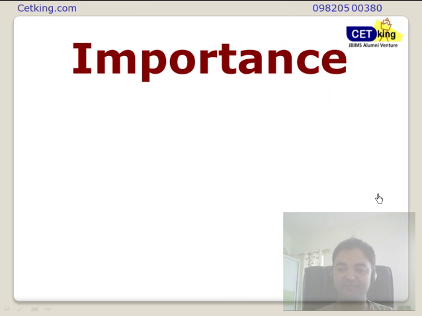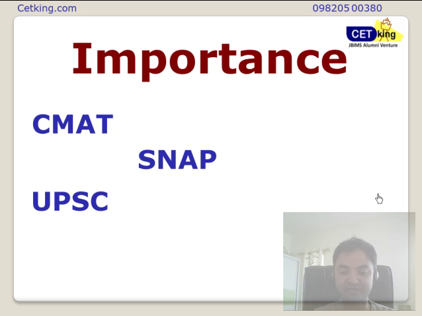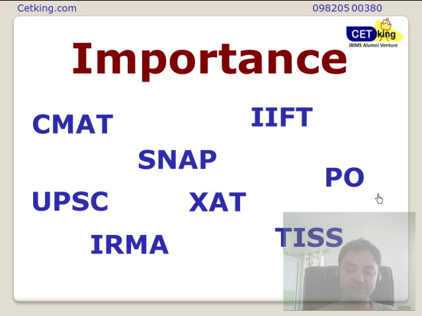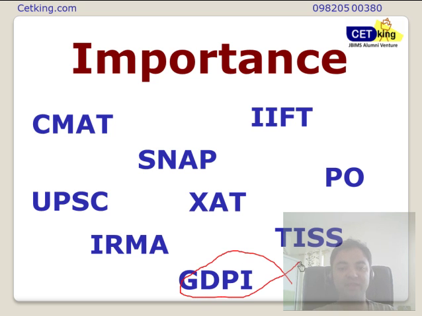Alright, so the importance of GK. If you are watching this video, you have obviously understood the importance of GK, because every exam apart from CAT contains GK: CMAT, UPSC exams, SNAP, IFT, Banking PO, XAT, IRMA, TEST and GDPI, all these exams. GDPI also, these days a lot of weightage is given, especially if you are getting your GDPI in Mumbai.